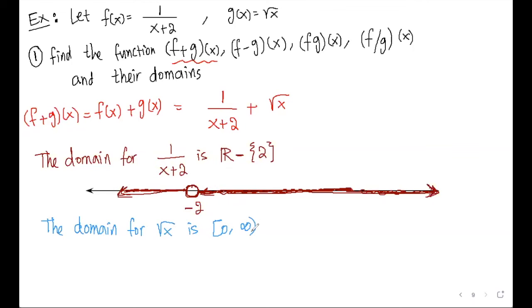So you have to draw a real line again. This is the real line. At 0, this is -2, the 0 will be around here. It is inside the interval, and all numbers greater than 0.